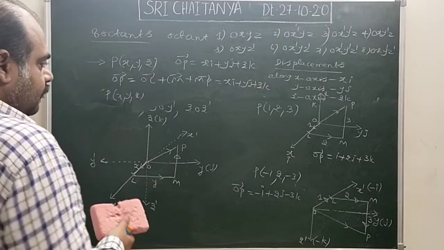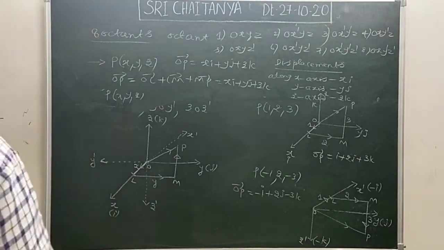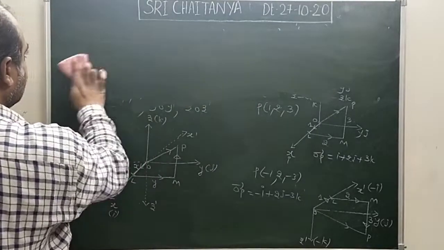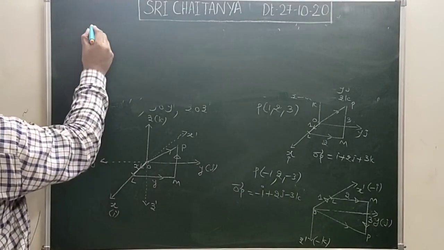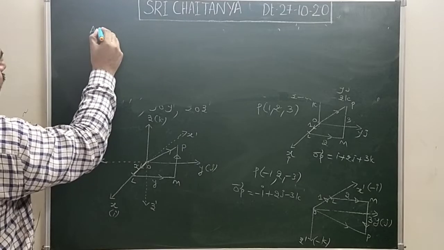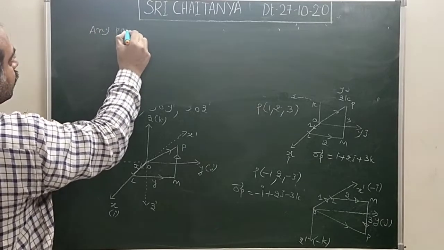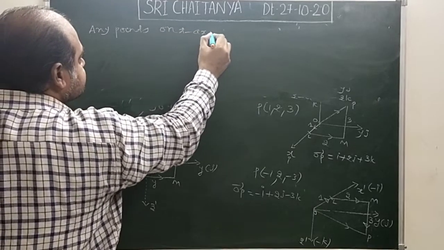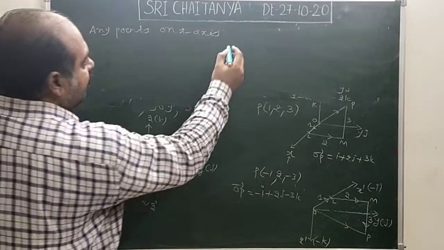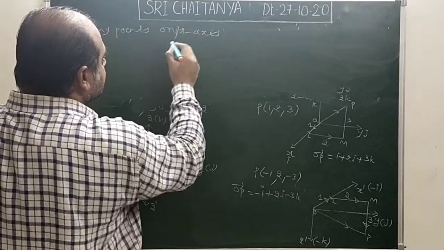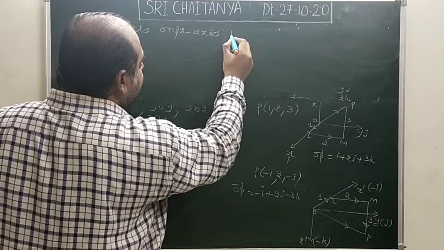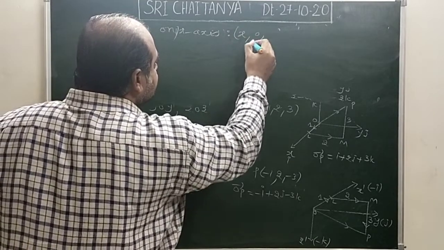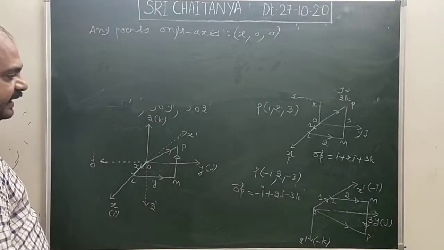Look at the next. Any point on the x-axis, how will the point be? Its y coordinate and z coordinate will be 0, if it lies on the x-axis only.